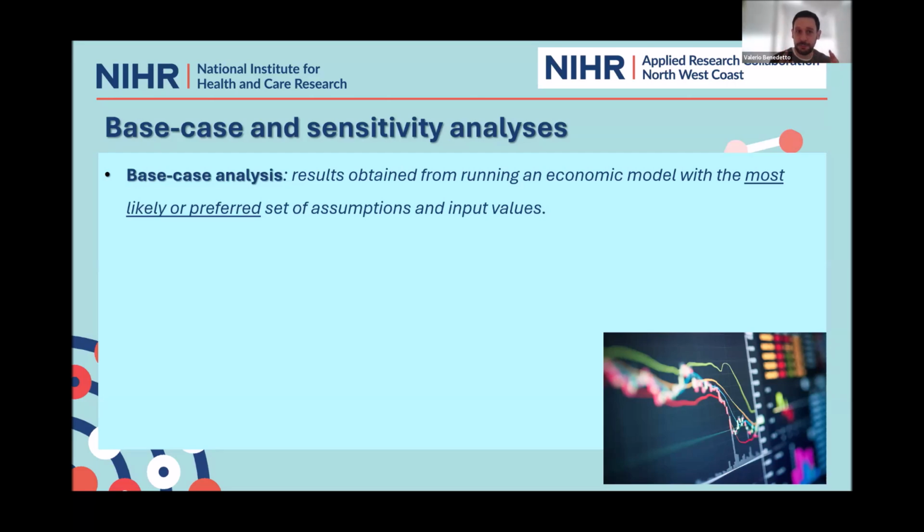This is what the base case analysis will focus on. So the most likely scenario in a way. But we know that the world is varied, there's a lot of diversity, there's a lot of difference among ourselves. So if you implement an intervention to different people, you might get different costs, you might get different QALYs or different results in terms of clinical effectiveness.